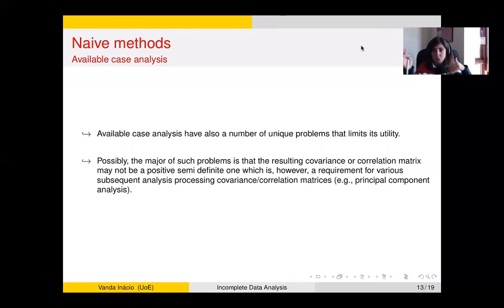In a way it is good because we are making use of all the information that we can, but the associated problem is that the resulting covariance matrix may not be positive semi-definite. This is a requirement if you then want to use this matrix in, say, principal component analysis or factor analysis. They require that the covariance or correlation matrix is positive semi-definite, and if it's not, you cannot proceed with your analysis.